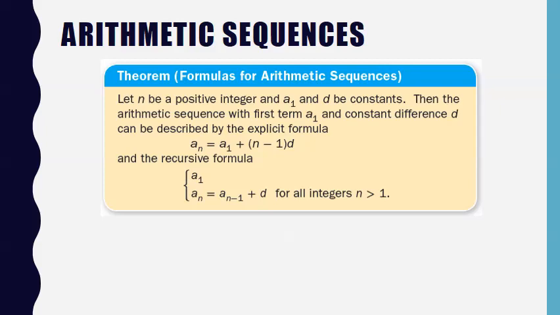So then the arithmetic sequence with the first term a1 and the constant difference d, so d stands for constant difference, can be described by the explicit formula a sub n is equal to a1, our first term, plus n minus 1 times d, or the recursive formula, which is stated below, which we always state in brackets. So we would be given the first term a1, and then our nth term is a sub n minus 1 plus d. So we have two different formulas that we want to know.